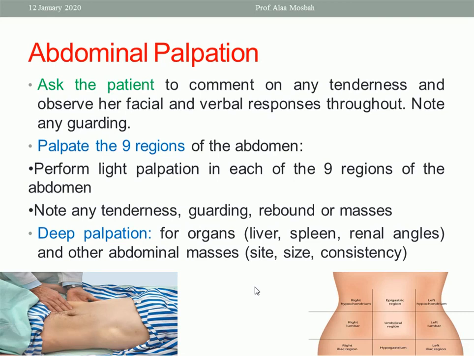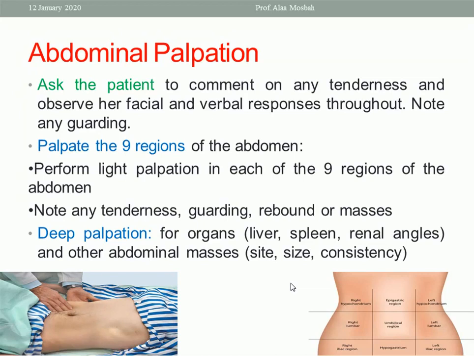And when you find any mass in the abdomen, like ovarian mass, uterine mass, you should describe the site, the size, the shape, the consistency, the mobility of the mass from side to side and up and down.